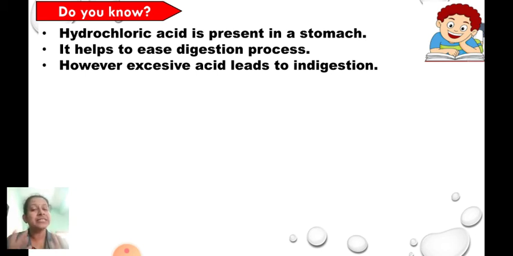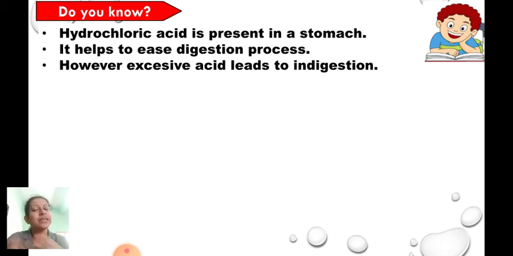The acid becomes excessive, and instead of helping in digestion, it causes indigestion. There is a mucus layer, a slimy layer, inside the stomach, which protects the stomach from getting burnt by hydrochloric acid.